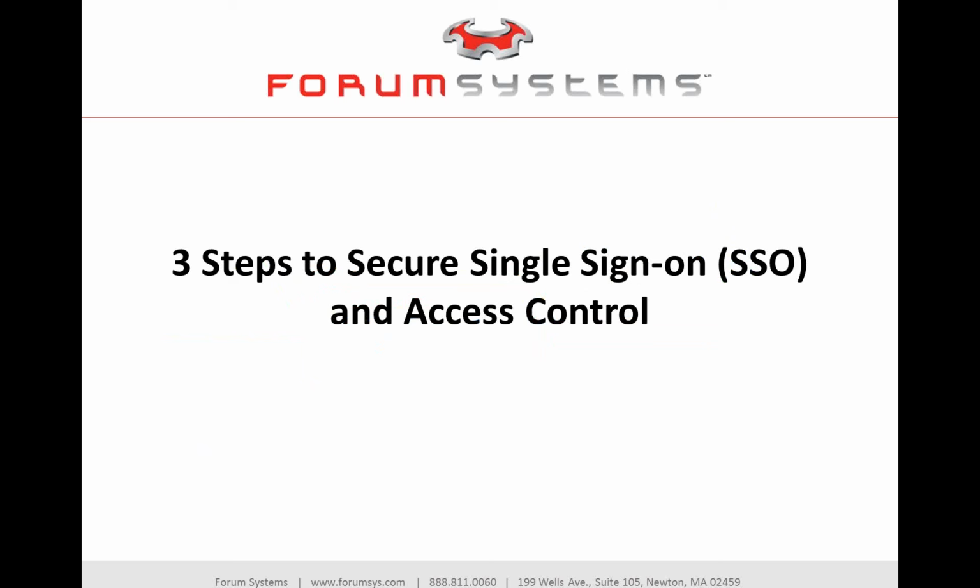So now we come back to where we began: the 3 steps to secure single sign-on and access control. We arrive at this from having seen all of the various components that really go into what it means to have access control and achieve access control and subsequently achieve single sign-on.